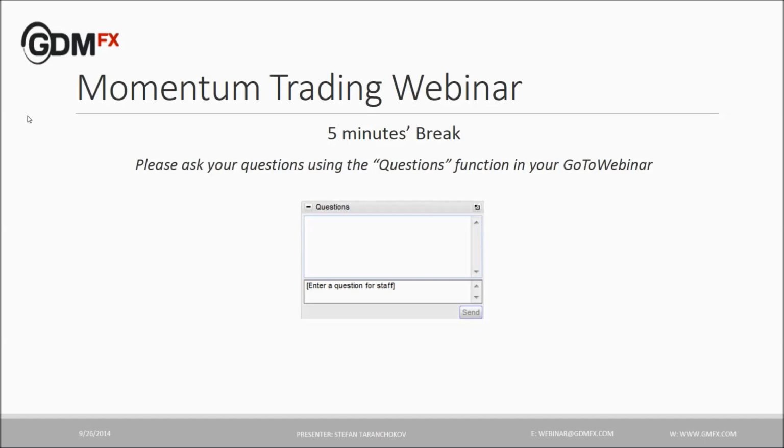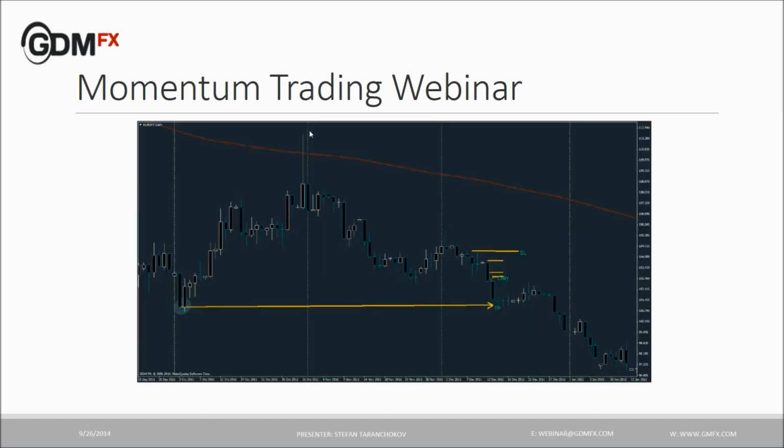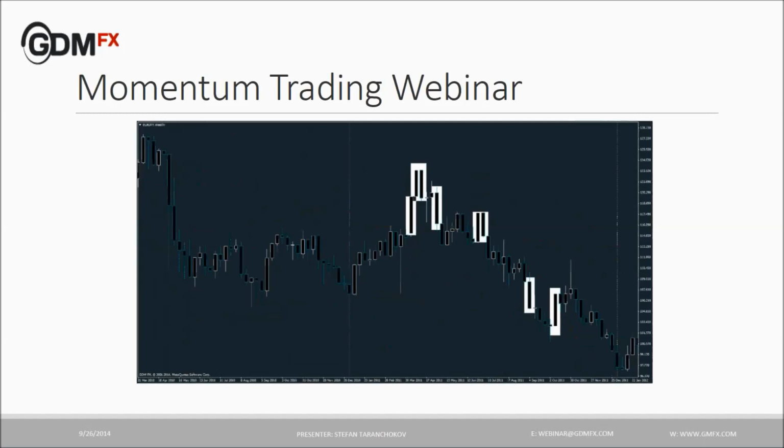One of the questions is how to plot our range. Well, going back to our presentation, basically the first step in this strategy, momentum trading, is to find large candles whose shadows, upper and lower shadows, are small or non-existent.